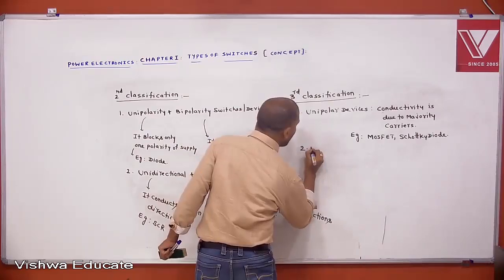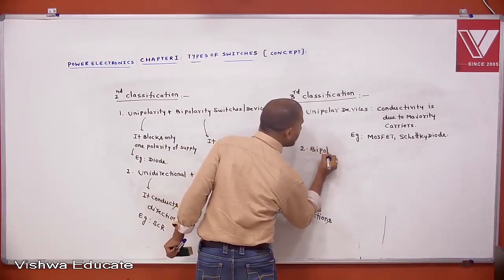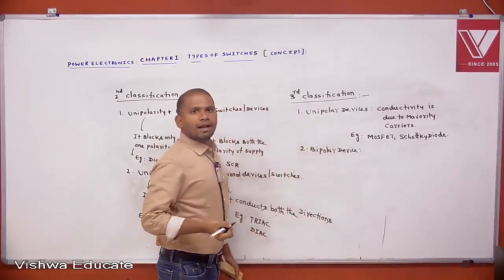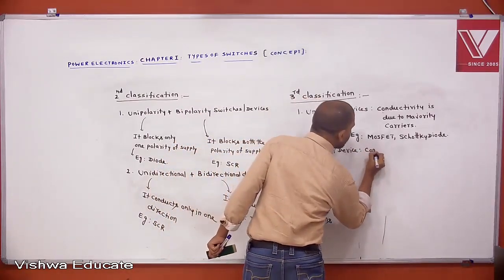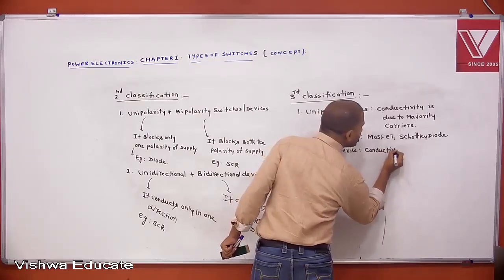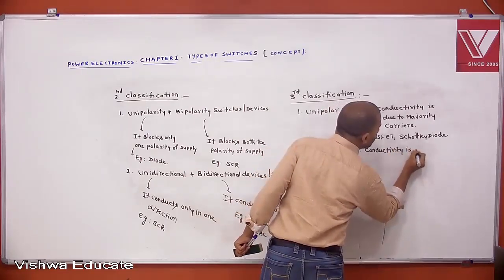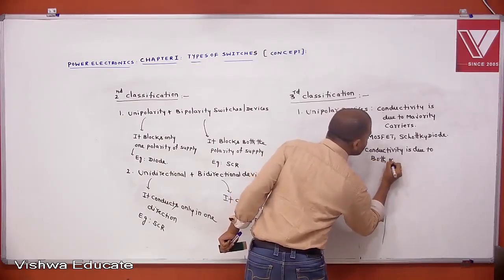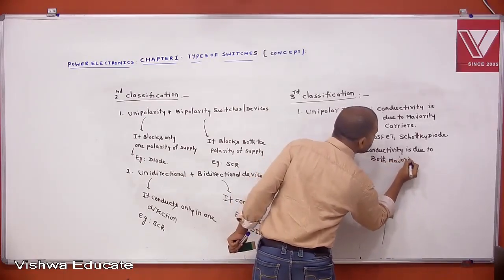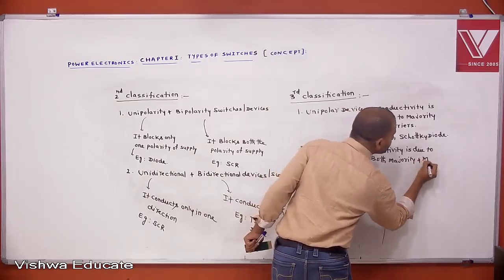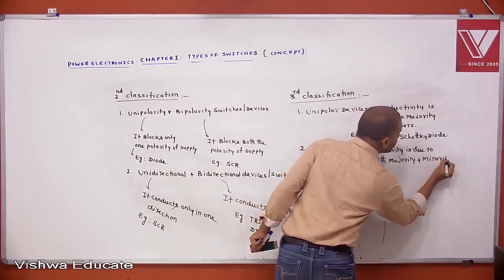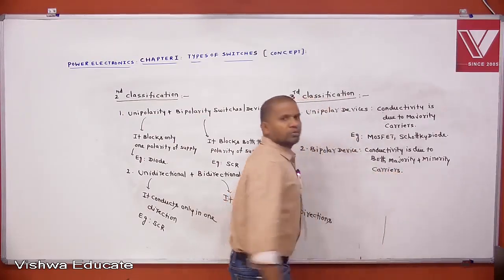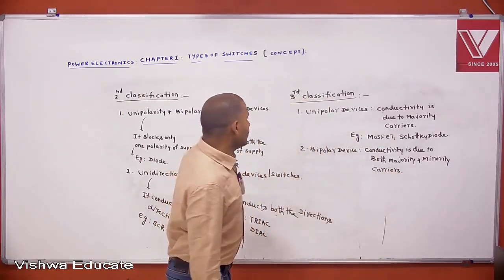Next, bipolar device. That is, conductivity is due to both majority and minority carriers.